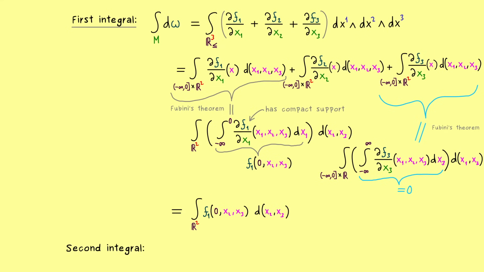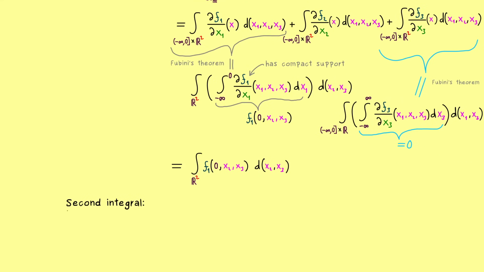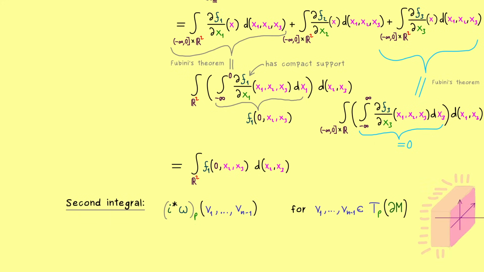And in order to see that, we have to go back to the inclusion map I. Simply because we effectively integrate I star omega. And maybe that's a good point in time to remind you what this pullback I star actually does. So what we do here is to take some v vectors from the tangent space at the boundary del M. And this is important because it's an n-1 dimensional vector space.